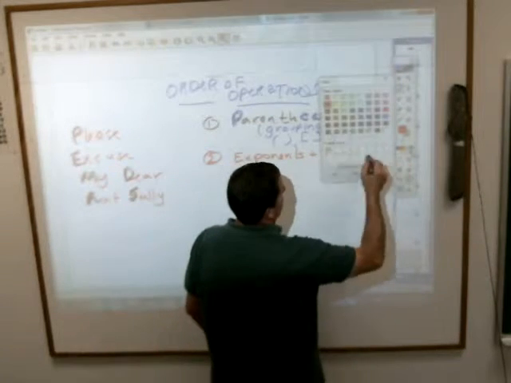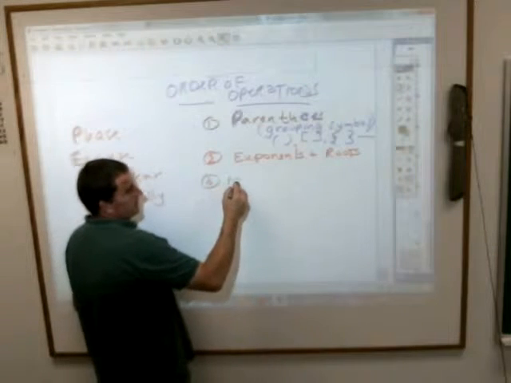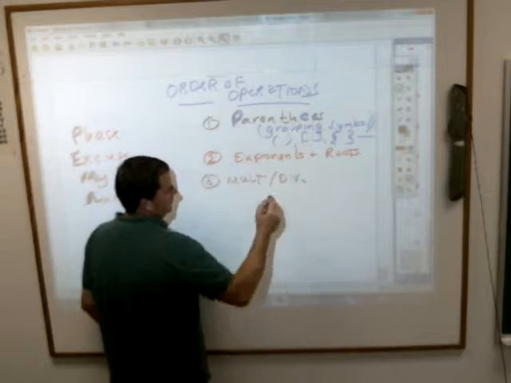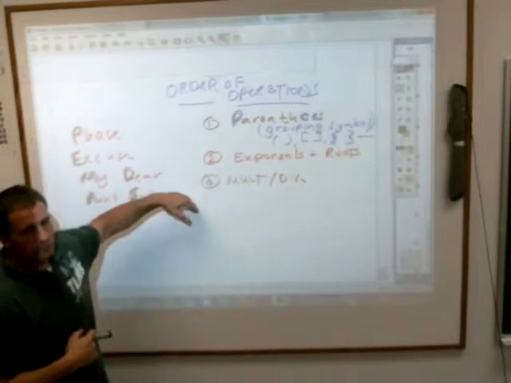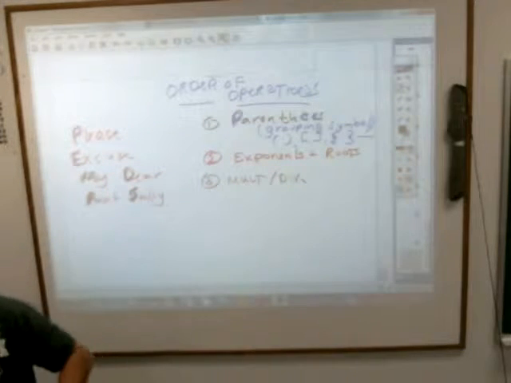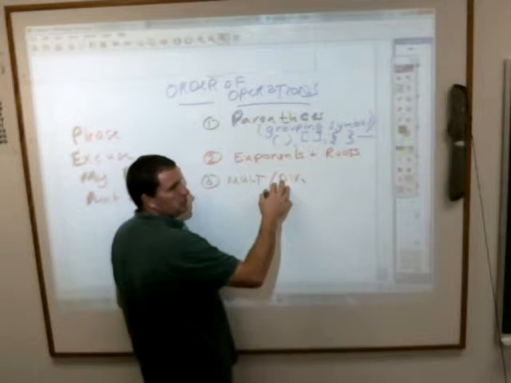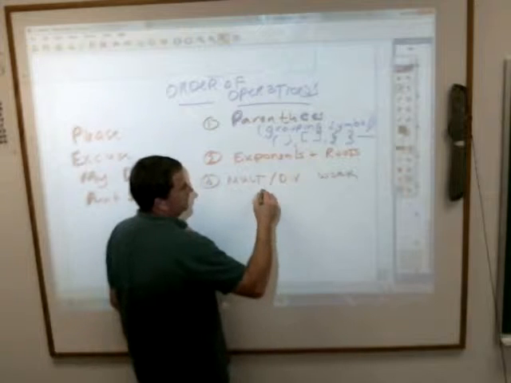Then, after that, you need to do multiplication and division. And notice that multiplication and division fit on the same line. You don't do division before multiplication and you don't do multiplication before division. When you're given a choice, you have to work from left to right.